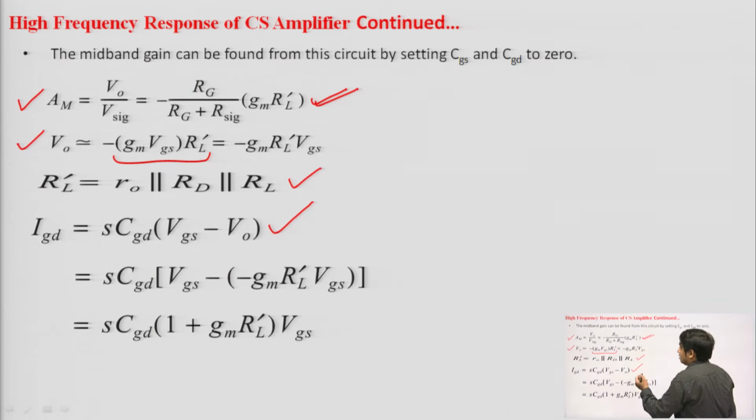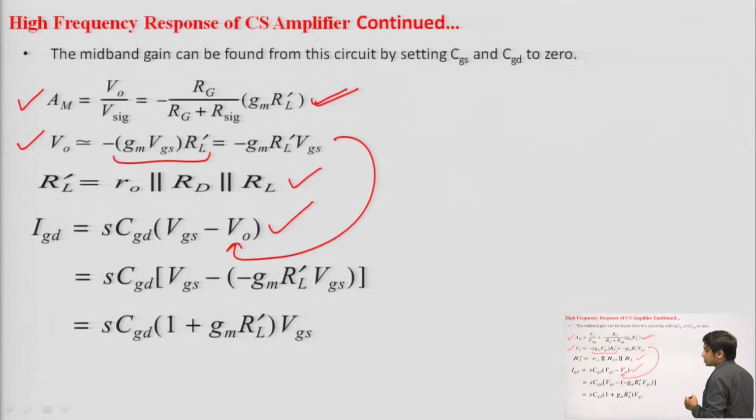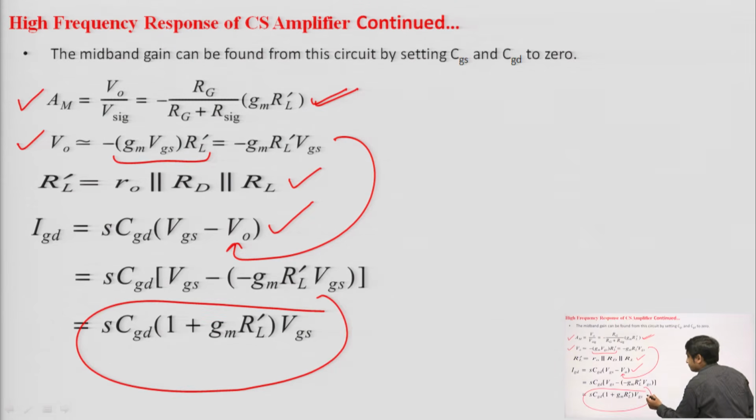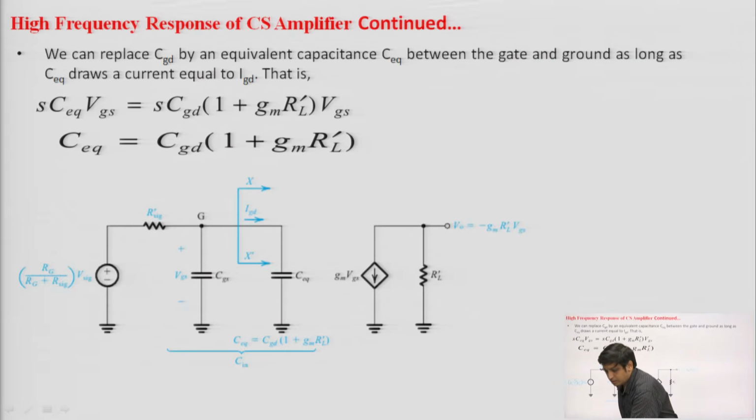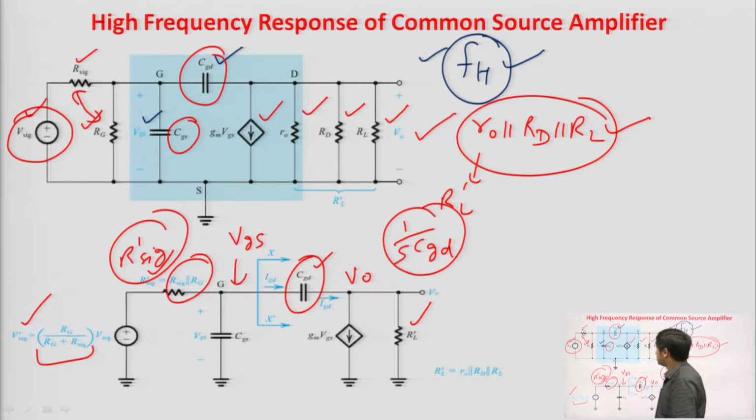Now, you can see that we have already calculated the value of V naught, just put the value of V naught in this equation and simplify the expression. After simplifying we get the value of IGD, fine. Now, see, one more important thing here, just refer to this high frequency model of the common source amplifier.